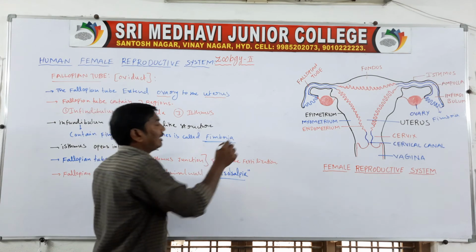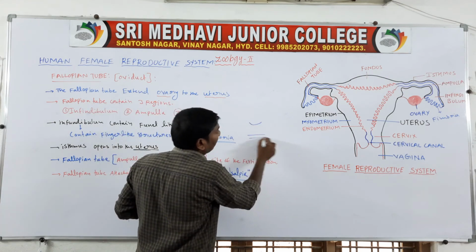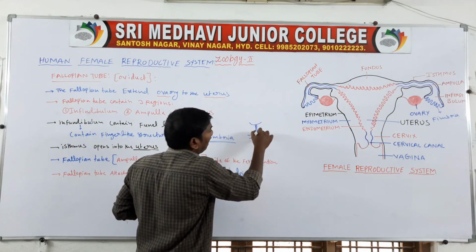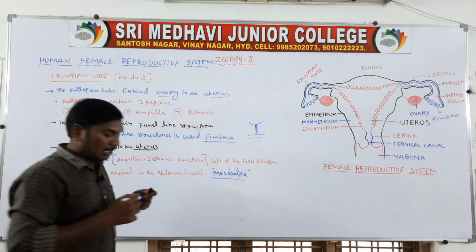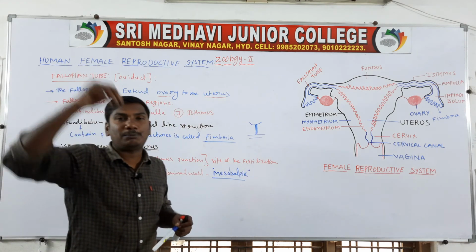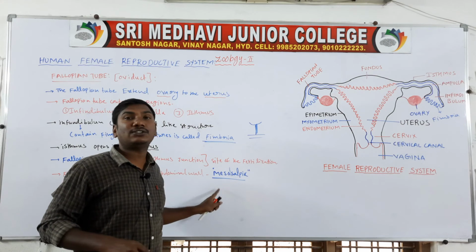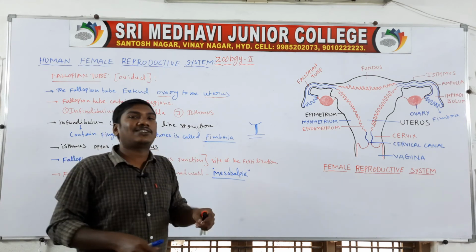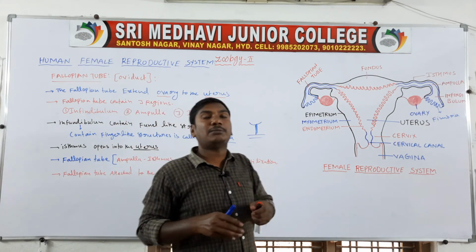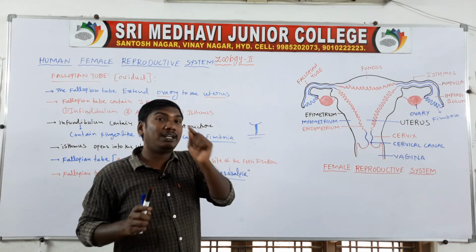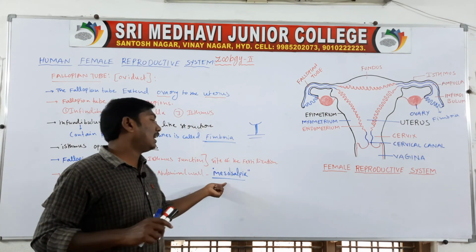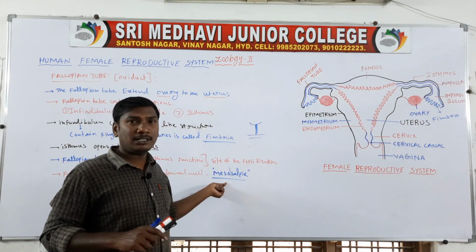Mesosalpinx means the connection between the abdomen and the fallopian tube. The fallopian tube attaching to the abdominal wall is called mesosalpinx. This connecting region is a folded, double-layered peritoneum membrane.